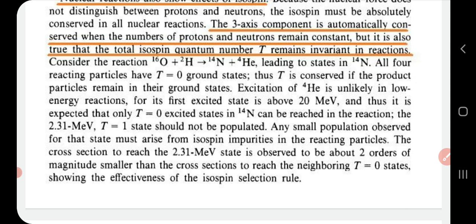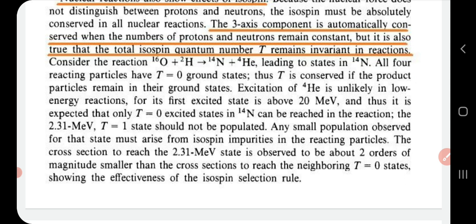Since excitation of helium is not possible in low energy reactions, only T equal to 0 excited states can be reached in the case of nitrogen 14. And the T equal to 1 state should not be populated. Now if it is populated, it will be due to some isospin impurities present in the reacting particles.